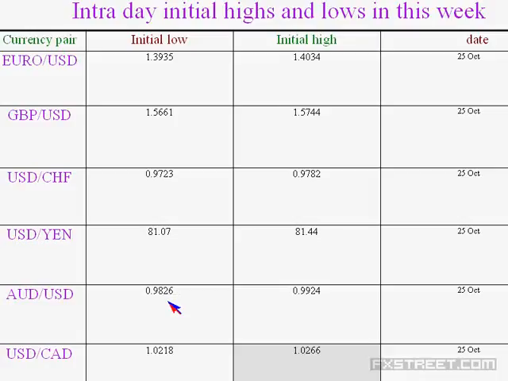Then Australian dollar, 98.26 was the low. That's intact. The high was 99.24. They breached the high, and the recent high 99.40 was also breached, and 99.45 has become a new high, and they are trading above the initial high. So when they stay above the initial high for more than 30 minutes, you come across a breakout trade opportunity.